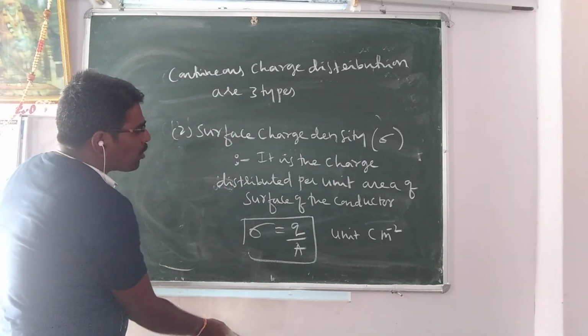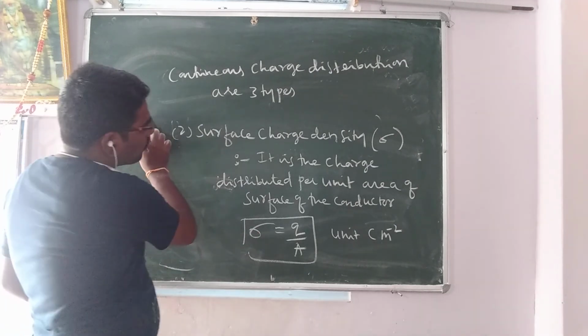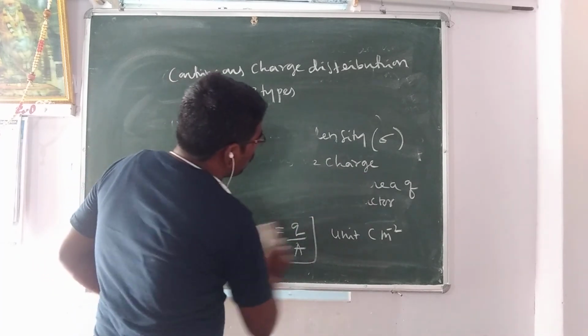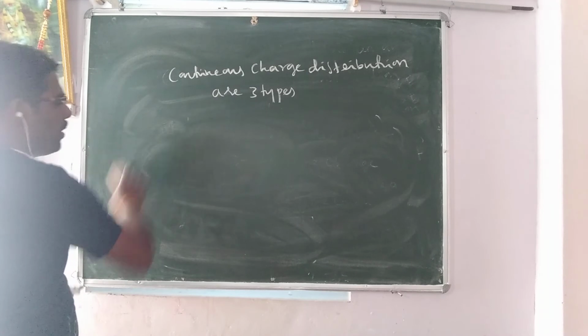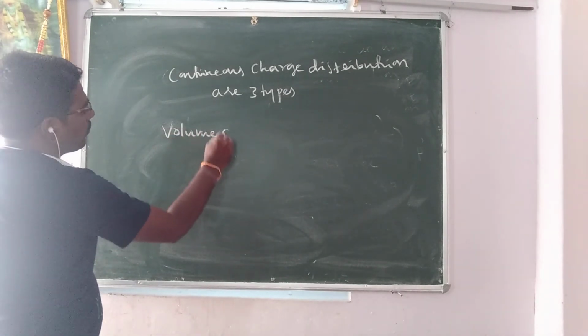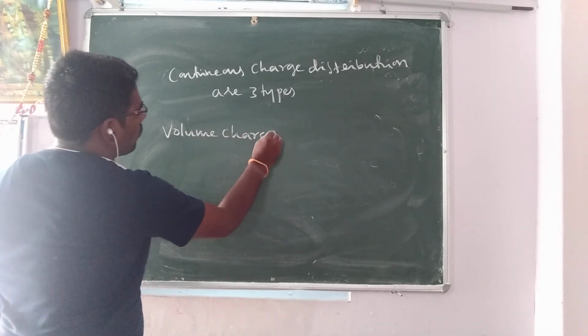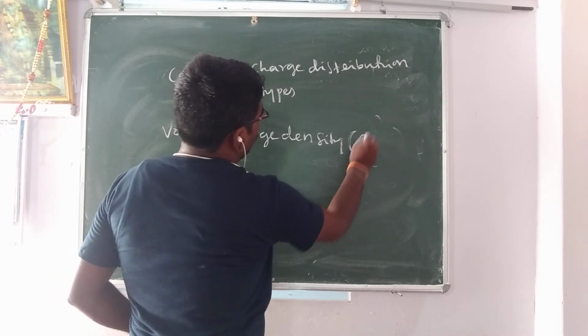Next, similarly, volume charge density. How to define volume charge density? It is rho.